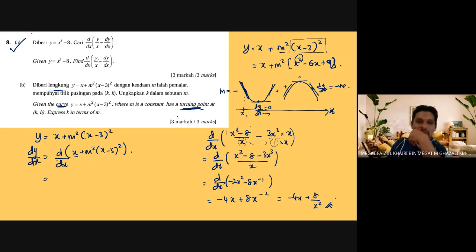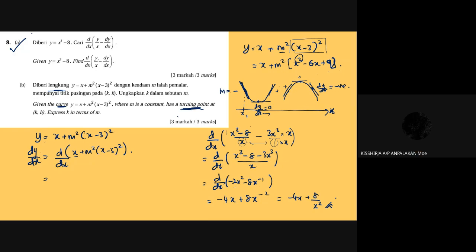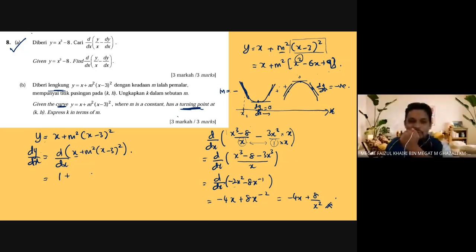Okay, so now we differentiate this. Differentiate x with respect to x, 1, that's it, plus. Now, m is a constant, just like 2, 3, 4. If I write this as y equals (x plus 3) squared, (x minus 3) squared, this is a constant.